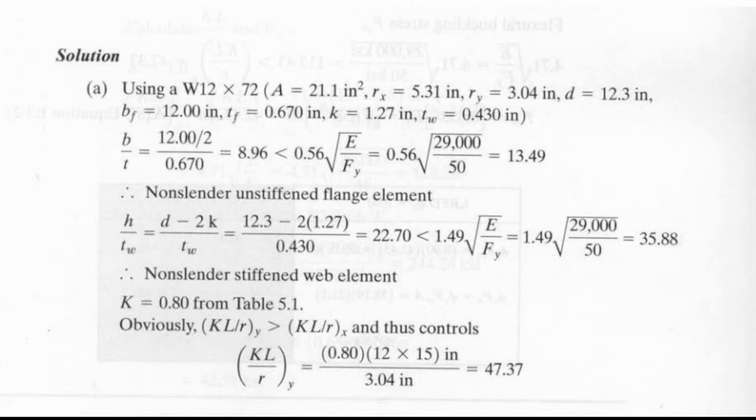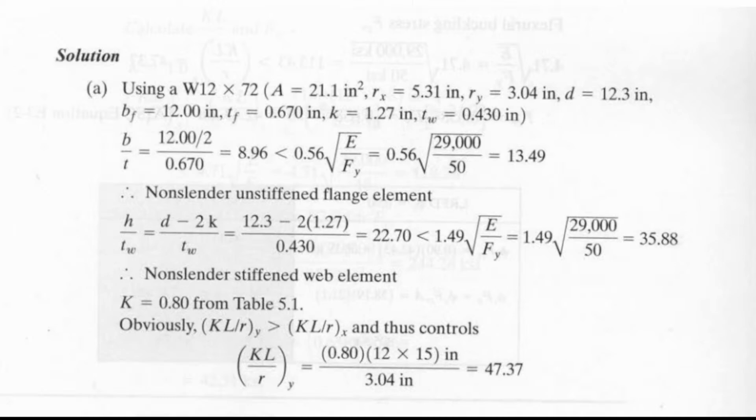Then we can determine the design strength. Okay? Design strength is 38 because just multiply by 0.9. Multiply by 0.9. So we have this one.